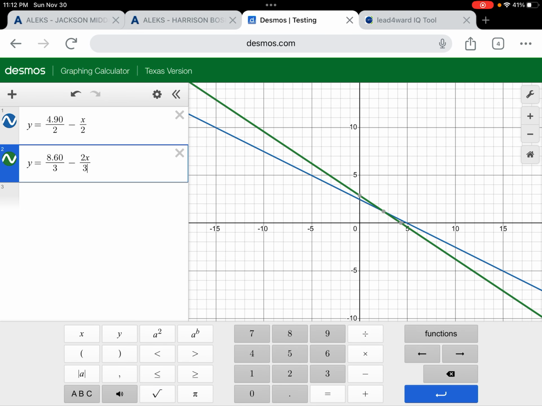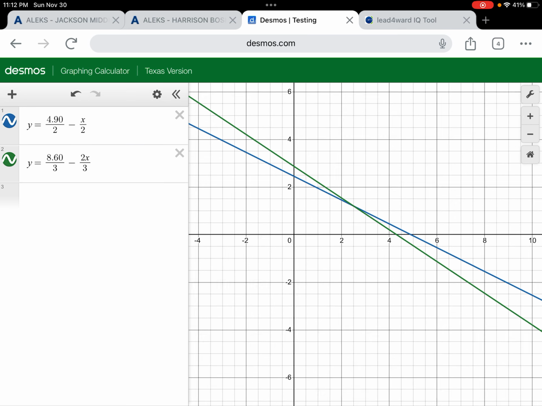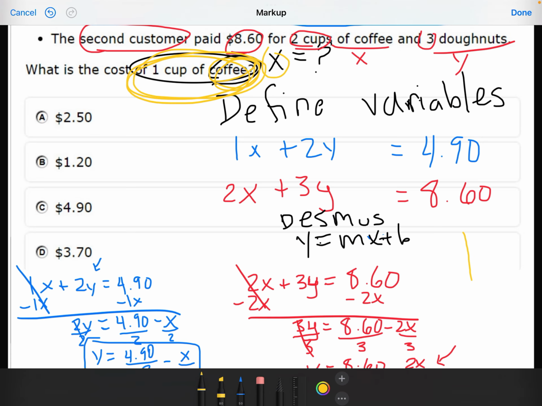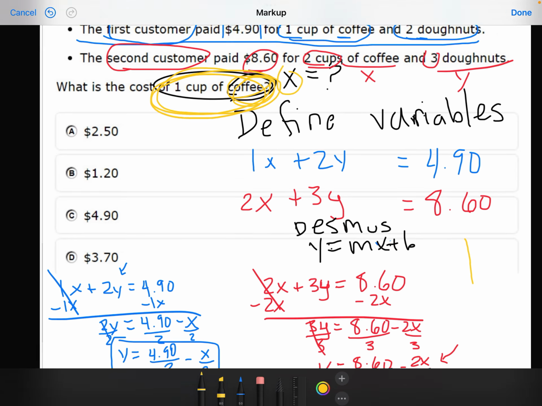All right, so there's my 2 lines, and remember, where they intersect is my answer, so I'm going to zoom in on that, and I get this, 2.5 and 1.2. 2.5 and 1.2, so I'll write that over.